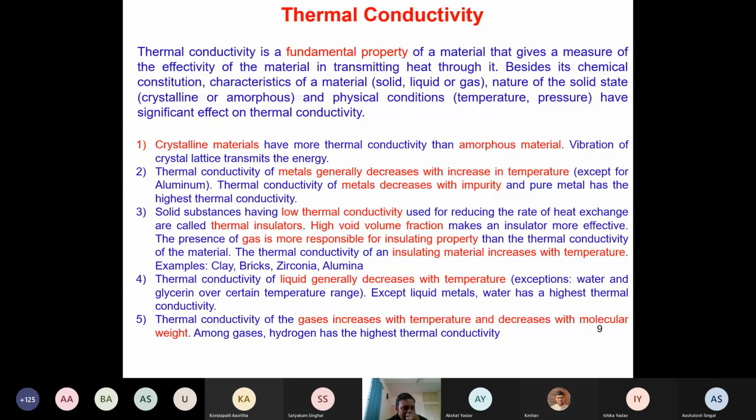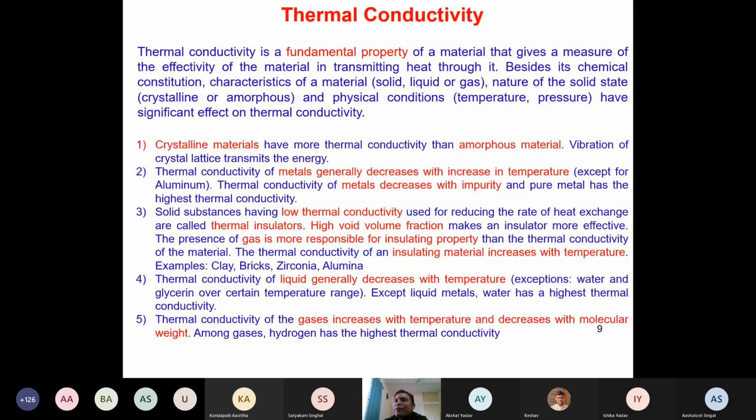Here you can see that because of the foam, a gas is entrapped in the voids present in the foam, and this gas is basically responsible for the insulating property. So a high void volume fraction makes an insulator more effective. The presence of gas is more responsible for the insulating property than the thermal conductivity of the material. Why is the gas responsible?